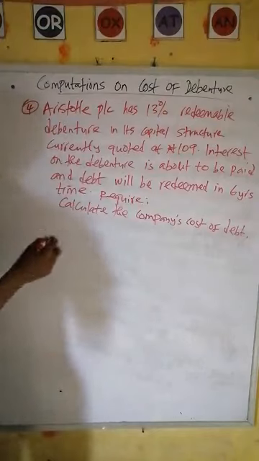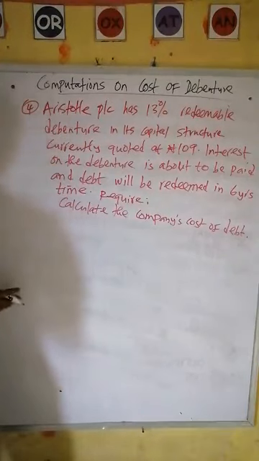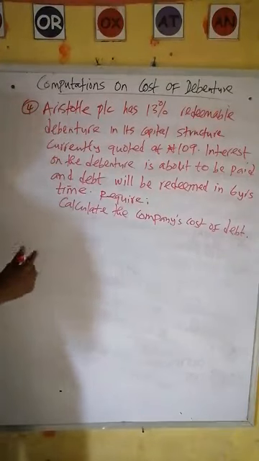Now, how do we solve it? We said the formula to use under a redeemable question is the IRR formula.